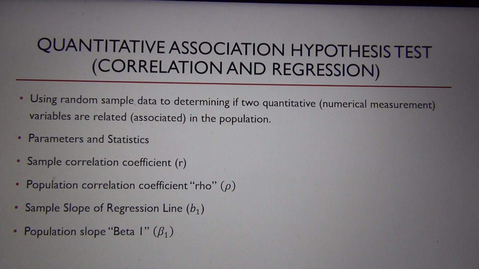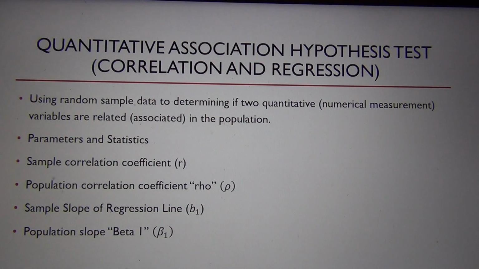The population correlation coefficient is the Greek letter rho. It kind of looks like a squiggly P. So sometimes you'll see that in the null and alternative hypothesis. Also, if you're doing a null and alternative hypothesis based on the slope, the population slope is generally denoted as the Greek letter beta or beta 1. So those are just letters to keep in mind.